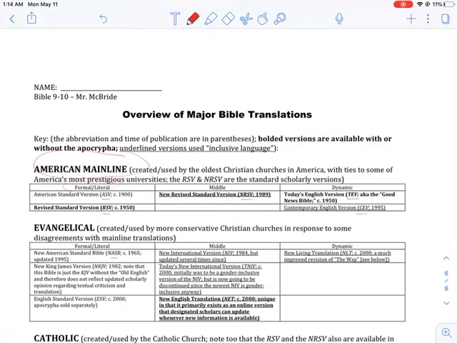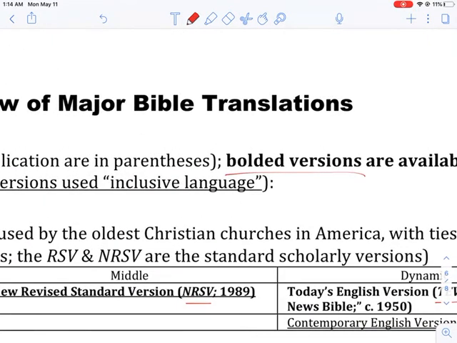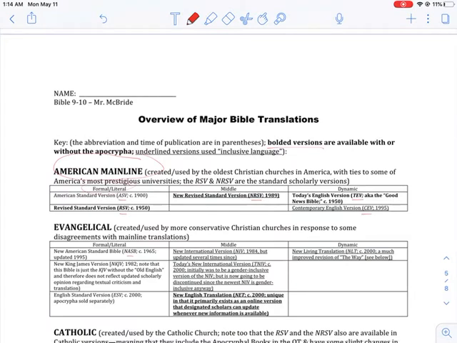Notice any translations in bold are available with or without the Apocrypha. That doesn't affect our class in the New Testament so much, but if you're interested in reading more of the Apocrypha, these ones in bold have versions that can include the Apocrypha, but not all versions do.